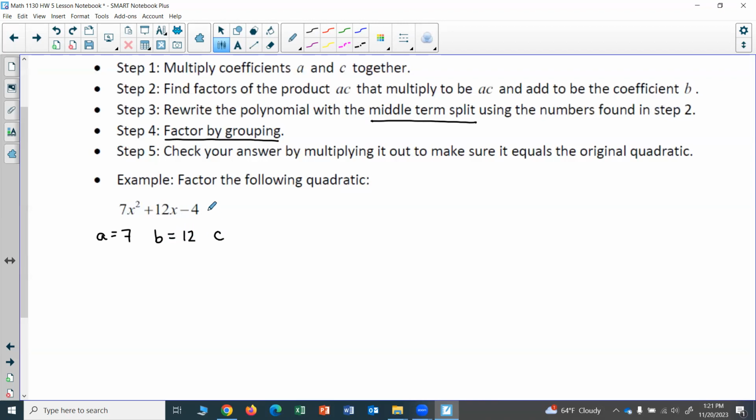And c is the number that's off by itself, that's a constant. So c equals -4. The sign goes with it.